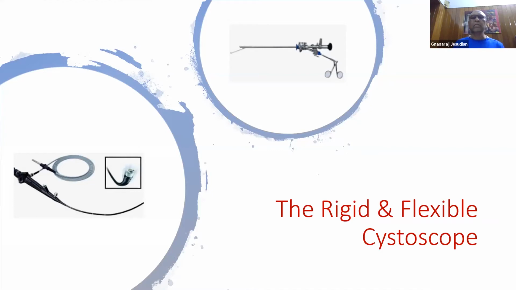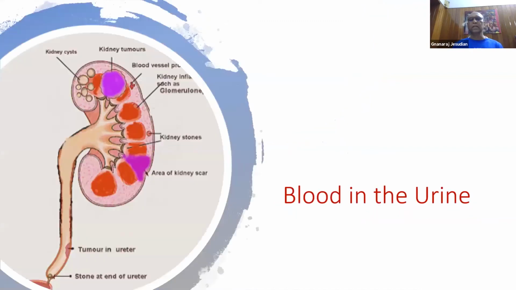And now we have cameras which connect to the eyepiece and we can see it in the monitor. And the recent one is a flexible cystoscope, which has small fibers which transmit the pictures. The advantage of the flexible scope is that you can do the cystoscopy when the patient is lying down comfortably.